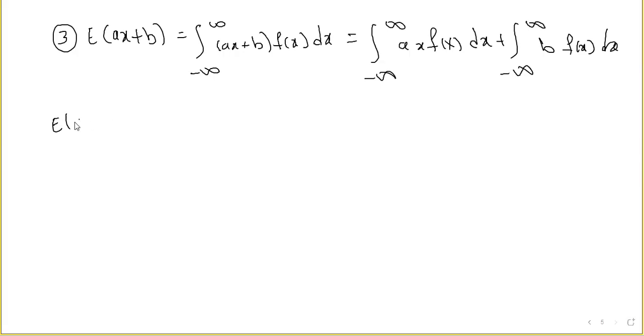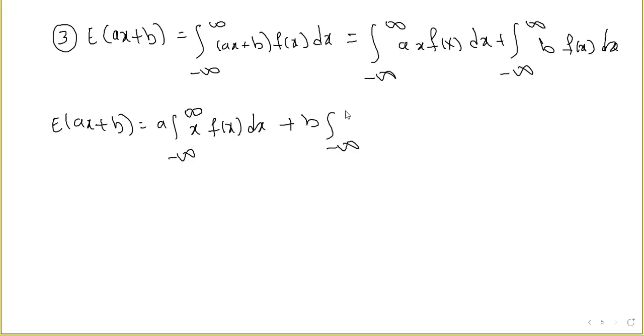So expected value of ax plus b is equal to, a is a real constant, I will take it outside the integration sign, a into integration minus infinity to infinity x f of x dx, plus b is a real constant, I will take it outside the integration sign, so b into minus infinity to infinity f of x dx, right?